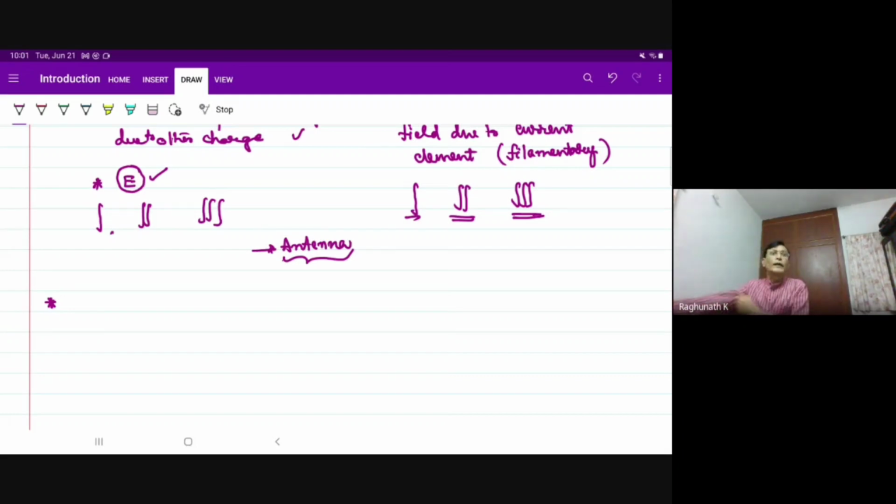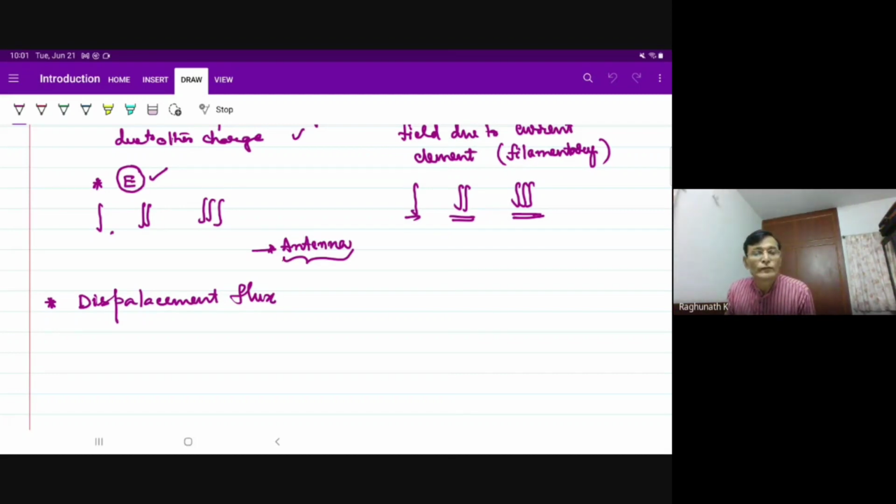Next, the most important thing is, again, this cannot be proved. I cannot see it. We will introduce displacement flux. Now we talk about luminous flux, which we cannot see.